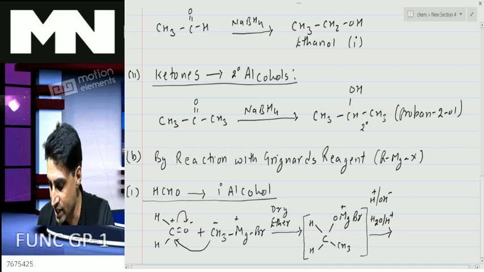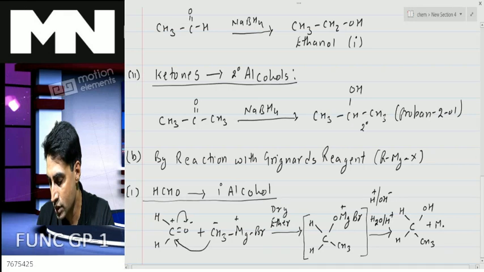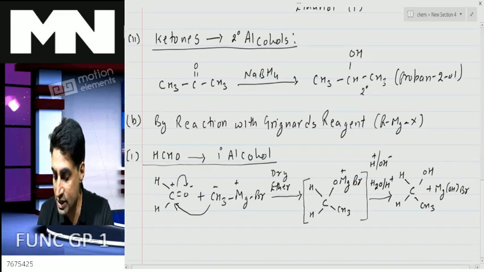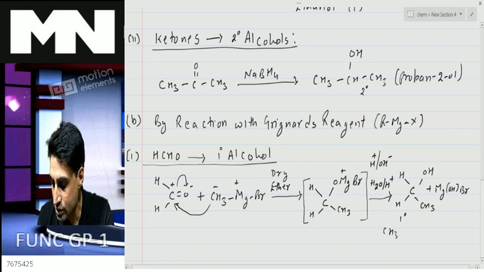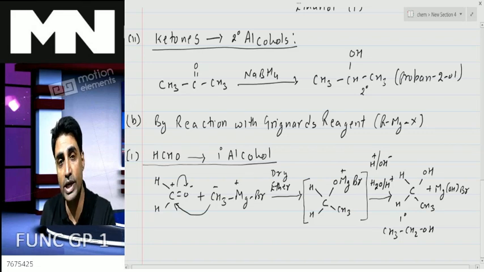So the compound I will get is HCH2CH3OH, plus Mg(OH)Br. If you have a look at this alcohol, this is a primary alcohol, because I can write it like CH3CH2OH, ethanol, a primary alcohol. So formaldehyde on reaction with Grignard's reagent will give me primary alcohol.